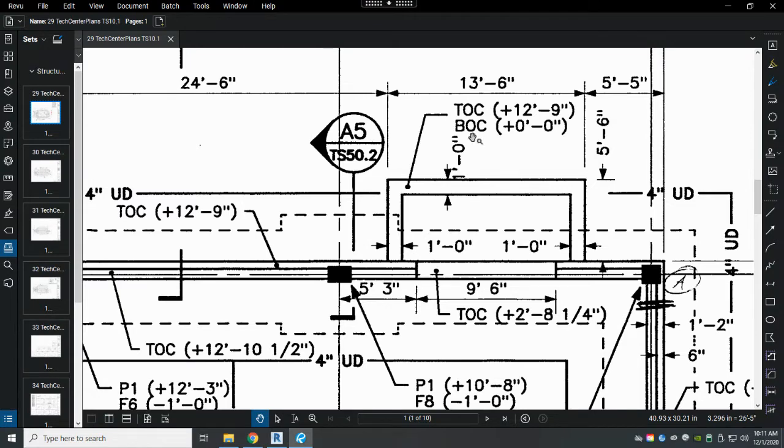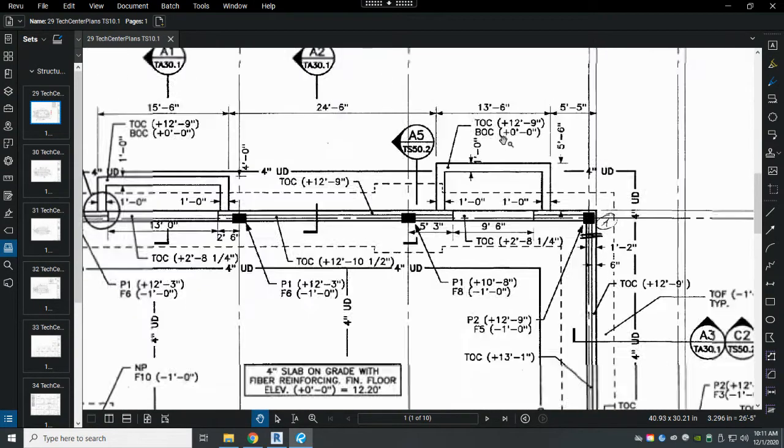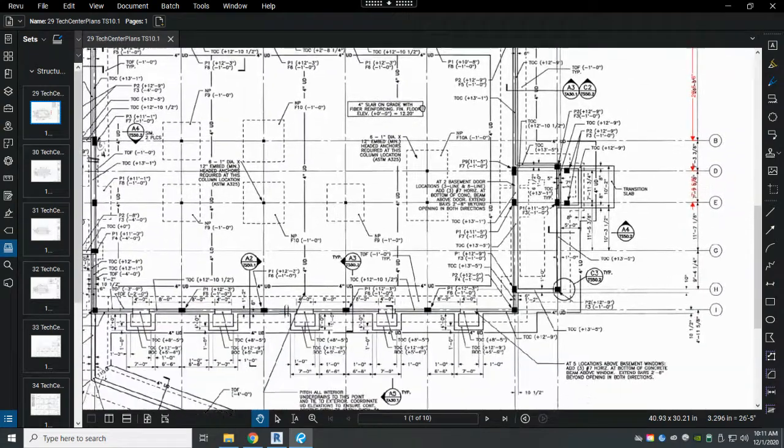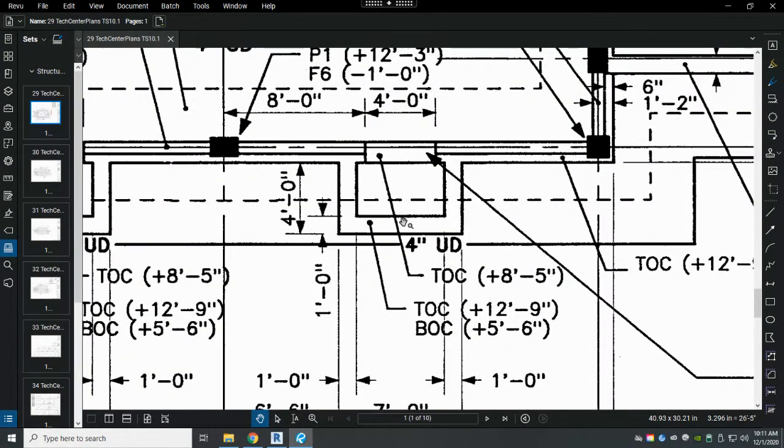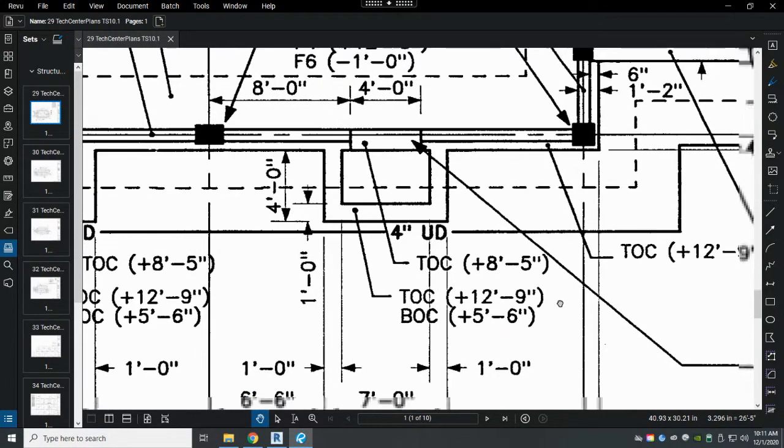So TOC and BOC stand for top of concrete and bottom of concrete. And we have the same callouts over here. So it's exactly the same size. Not the same depth and length, but the same height. If we look at the other side of the building, these are the areaways that are being used to create space around these windows that happen to be below grade when they were designed.